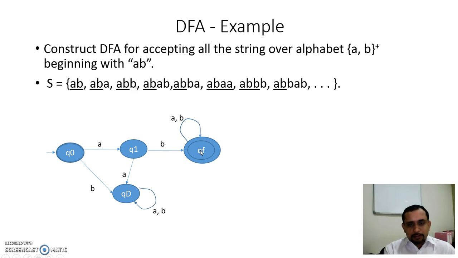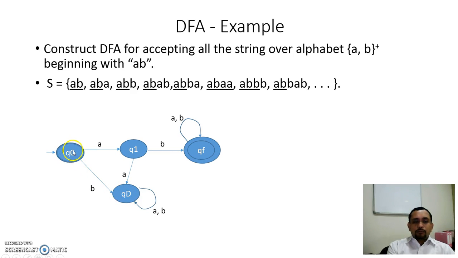For the other cases, maybe either a string beginning with B or a string beginning with A followed by A. Now these are the invalid cases wherein the machine should not move to QF. So for representing such cases, we are using another state which is represented as QD.